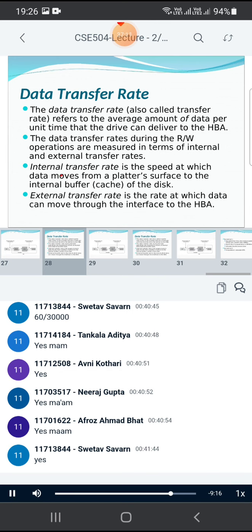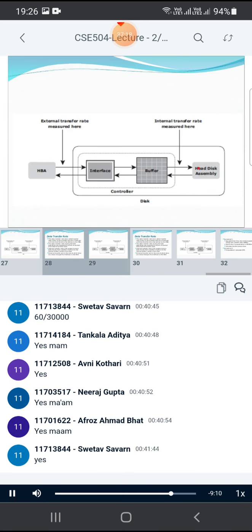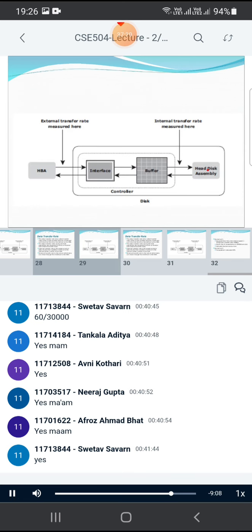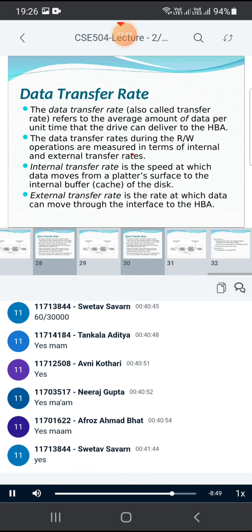The rate at which the data is transferred from the HDA to the buffer, from the surface of the disk platter to the buffer. And external transfer rate is the time taken to transfer from the interface to the HDA. So this is how we calculate data transfer rate.